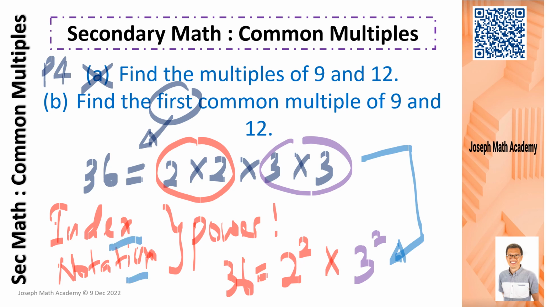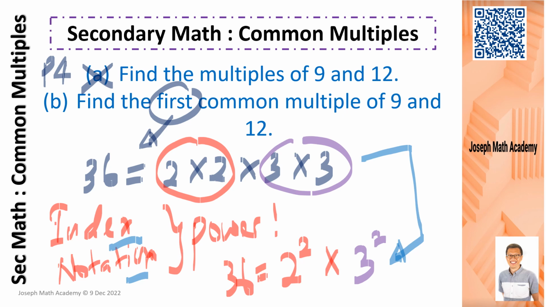So 36 is equal to 2 to the power of 2 times 3 to the power of 2. It can also be read as 36 is equal to 2 square times 3 square. It's the product of factors of prime numbers using index notation.